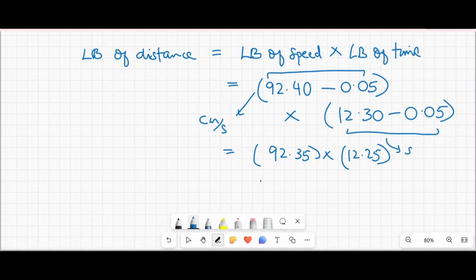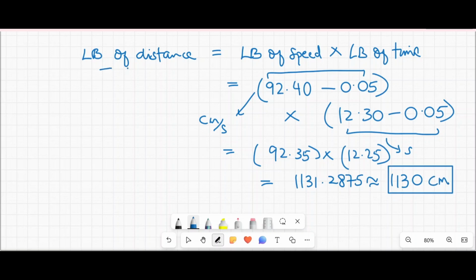So when you multiply these terms, you will get 131.2875, and while rounding this to three significant figures, you will get 1130, and this is in centimeters. So this is our final answer. This is the lower bound of distance.